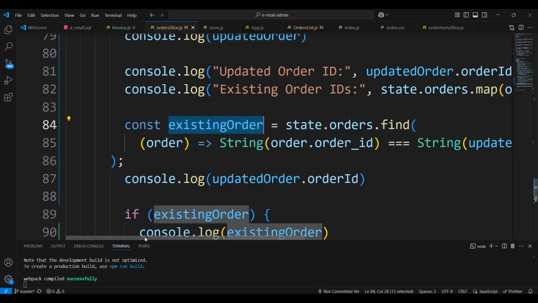From the front end we want to change the status in the orders table: paid, shipped, processing, delivered.